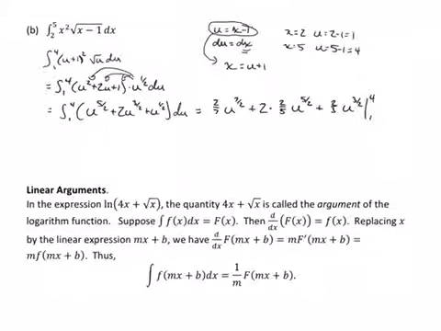When u is equal to 4, we end up with 2/7 times 4 to the 7 halves plus 2 times 2/5, we could have written 4/5, I guess, times 4 to the 5 halves plus 2/3 of 4 to the 3 halves.